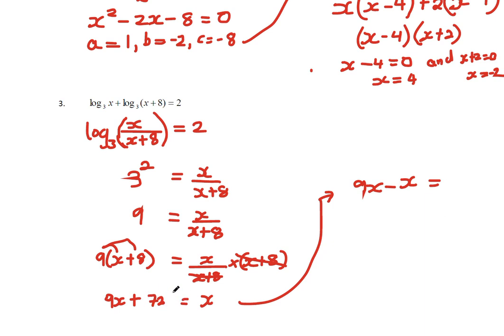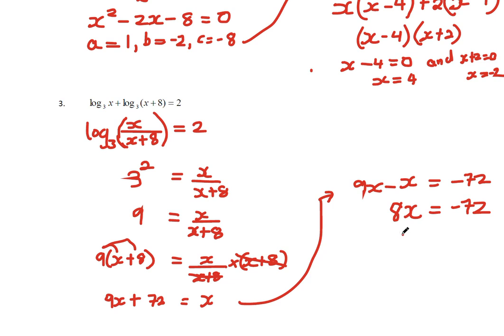The constant here of positive 72 on the left side of the equation will be negative 72 on the right side of the equation by inverse operation. So here we will get 9x minus 1x is 8x equal negative 72.